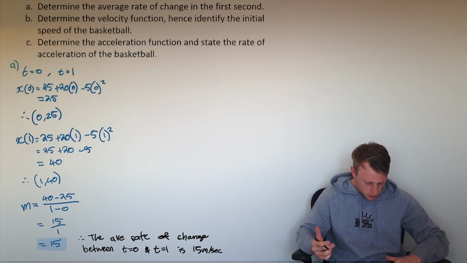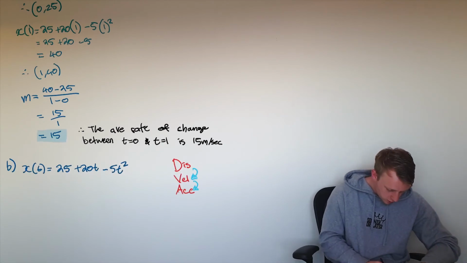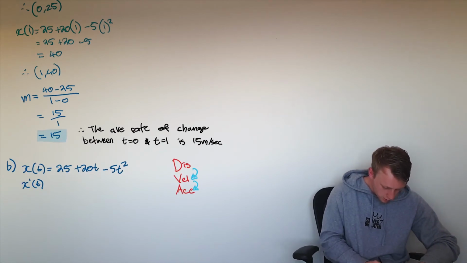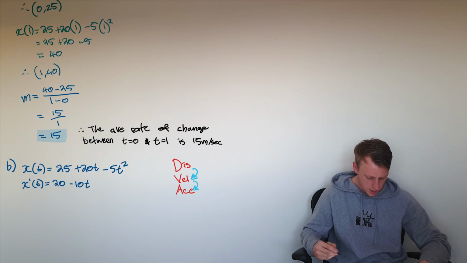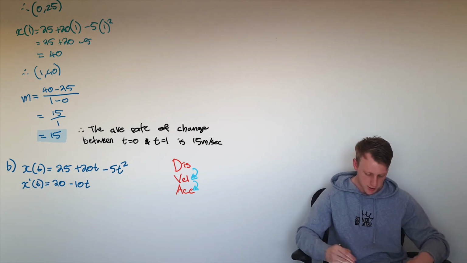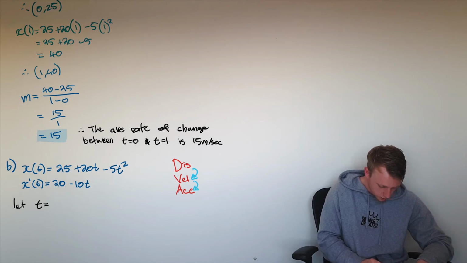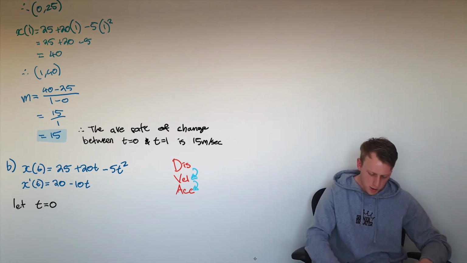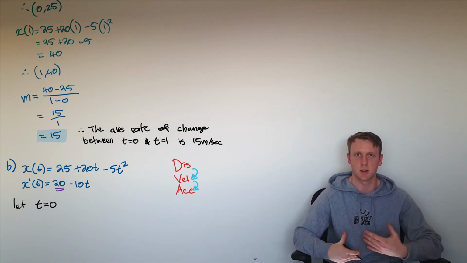So part B, I'm asked to determine the velocity function, hence identify the initial speed. I'm going to differentiate because I want to know what the velocity is. And I'm just going to get 20 minus 10t. And so determine the initial velocity. What I need to do is I need to let t equal 0. Okay, and we can somewhat read it from the question here. We know that it's just going to be 20 because that's what it initially is.